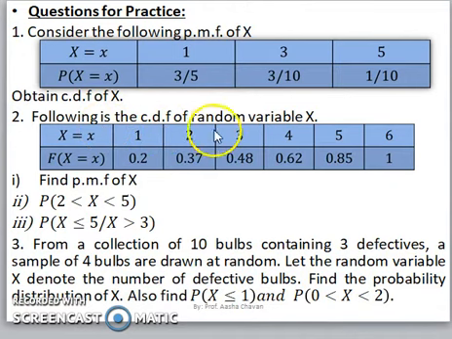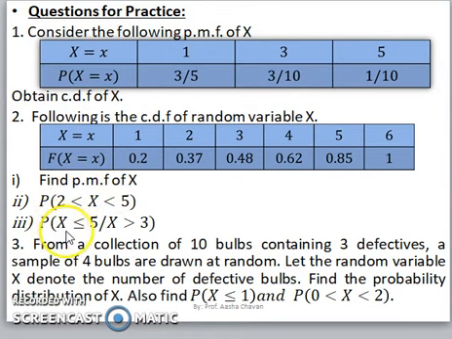Now question number 2. Following is a CDF of random variable X. From this CDF of X, you have to find out PMF of X. So again, from this CDF, we have to find out PMF. Again, the same definition of CDF you can use to get this PMF. Once you get the table of PMF of X, you will find the probability of X lying in 2 and 5.